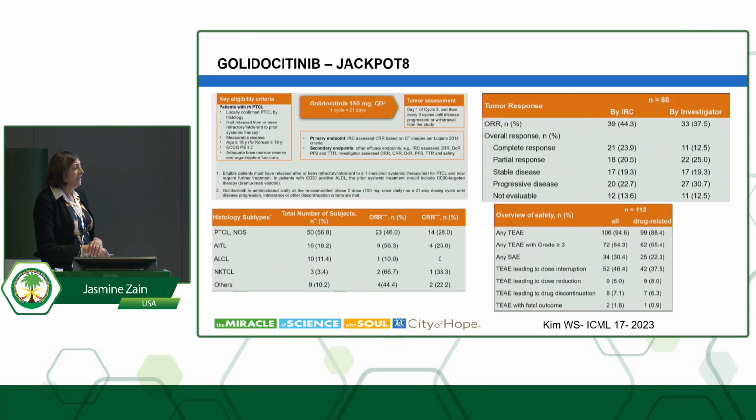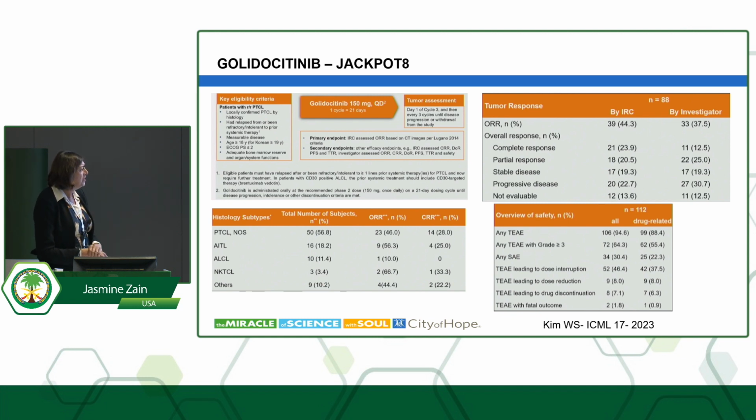So moving on to JAK-STAT inhibitors. There has been work done with ruxolitinib. Response rates were less than 20%. But this is the JAKPOT-8 study with golidocitinib, which is another JAK-STAT inhibitor. Again, this study is not from the US. I believe it's from China, presented at the last Lugano meeting.